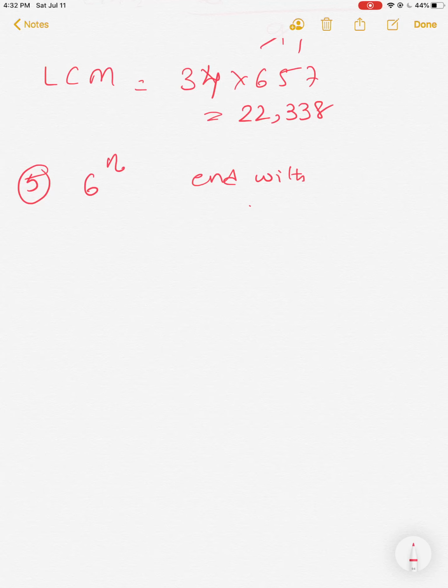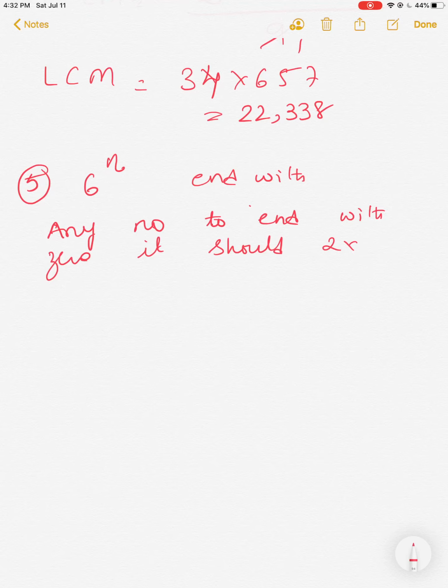For any number to end with 0, it should have 2 and 5 as factors. Compulsorily 2 and 5 should be there. Now 6 raised to power n can be written as 2 into 3 raised to power n.